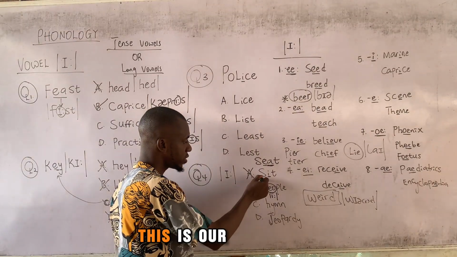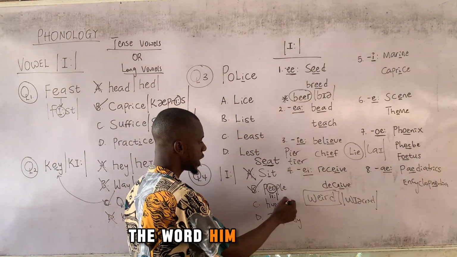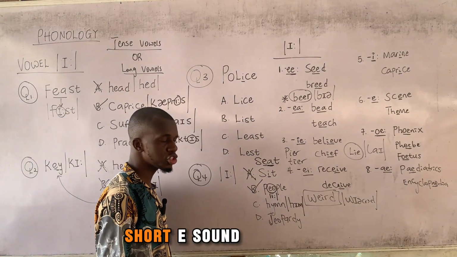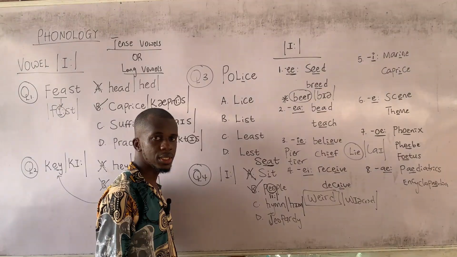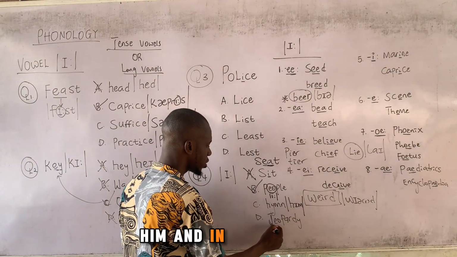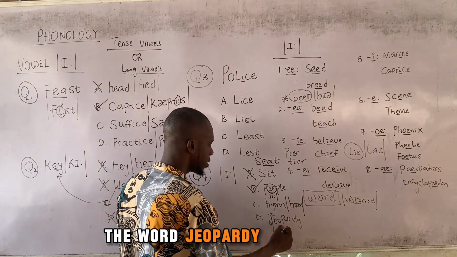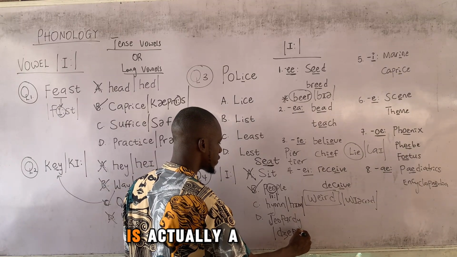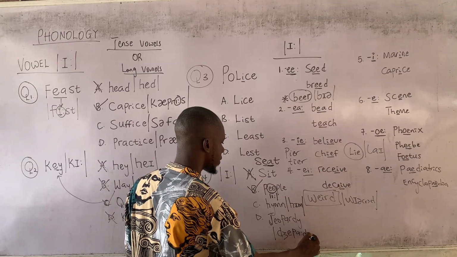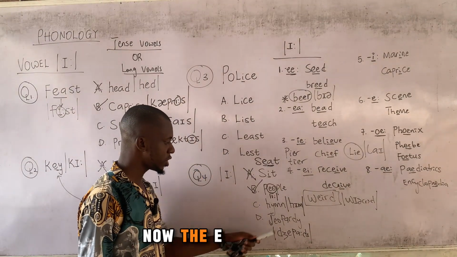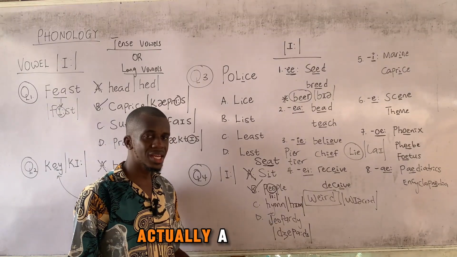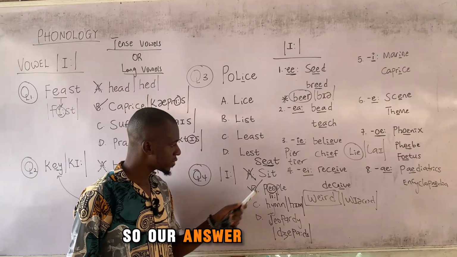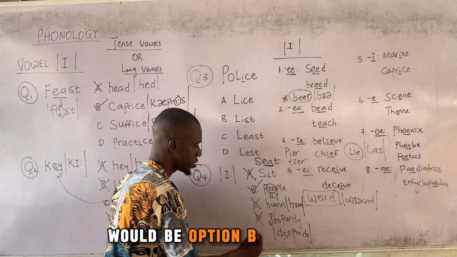So this is our best bet. In the word him, the letter Y there produces the short E sound. So it's pronounced as him. And in the word jeopardy, the EO is actually E. You see that now? The EO in the word jeopardy is actually E. Can you see that? Good. So our answer would be option B.